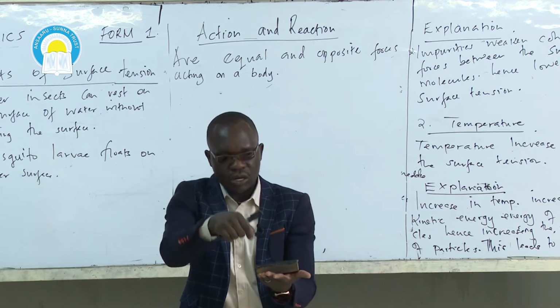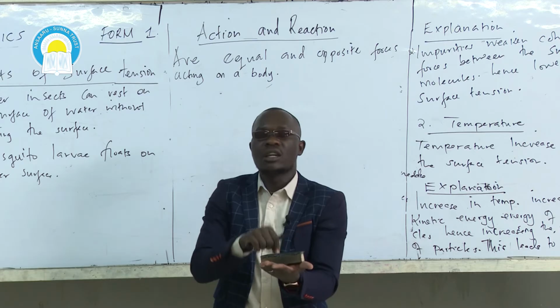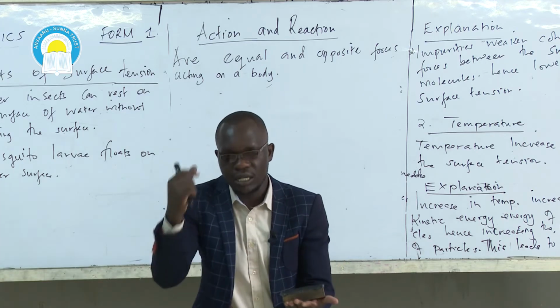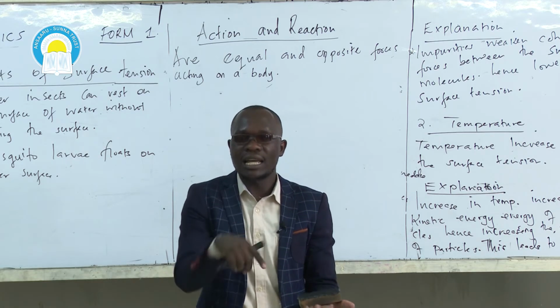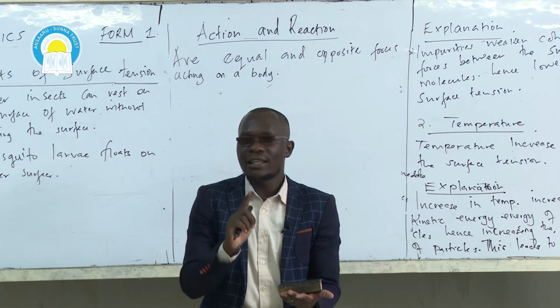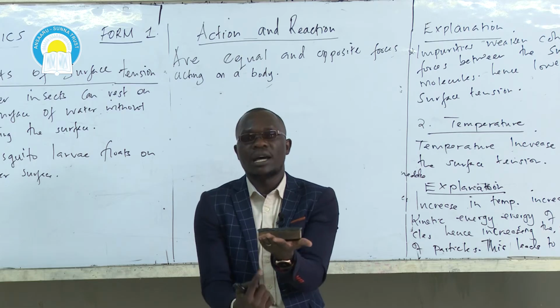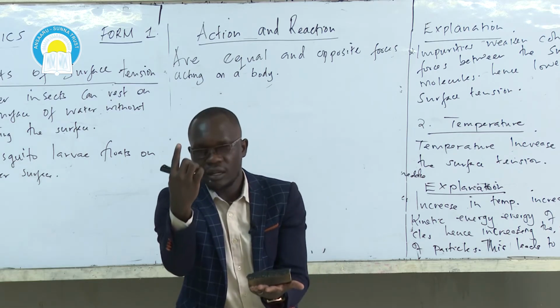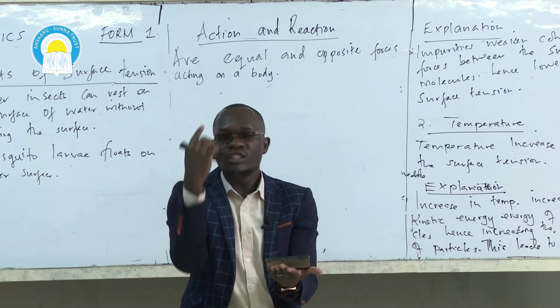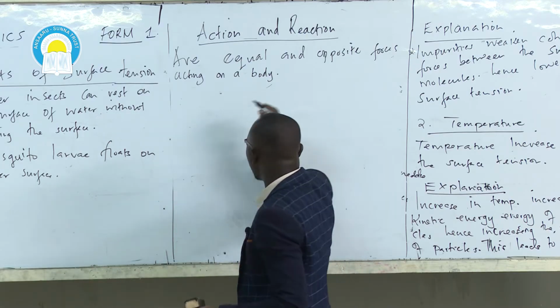So the action is the duster on the hand. The reaction is the hand on the duster. Those are two forces acting at the same time, in opposite directions. The duster is acting downwards on my hand, and my hand is acting upwards on the duster. And these two forces are always equal.